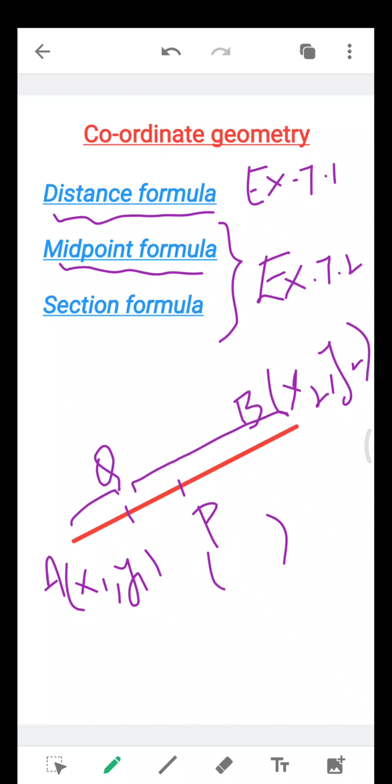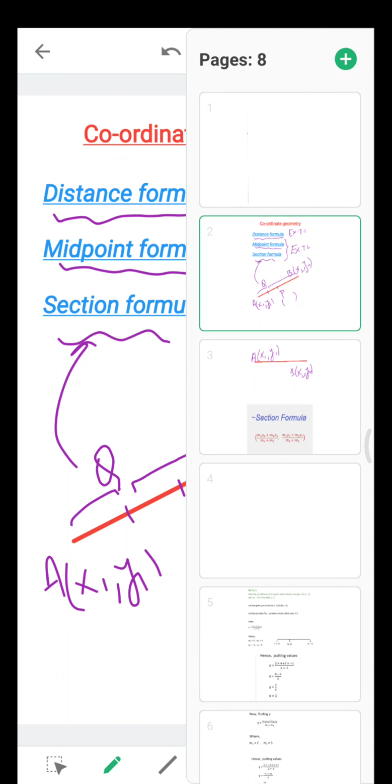So when the parts are not divided equally, if they are divided in some other ratio, then we use section formula.